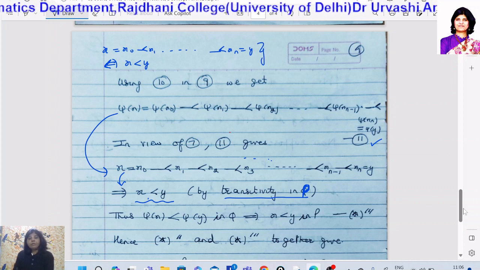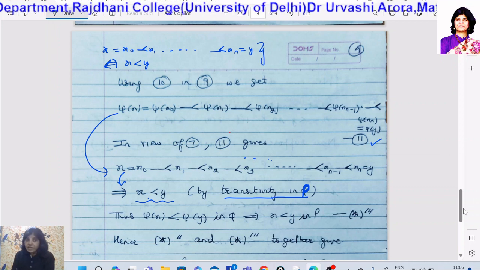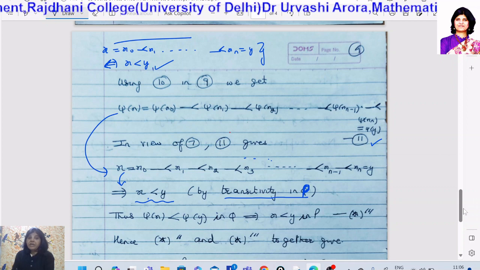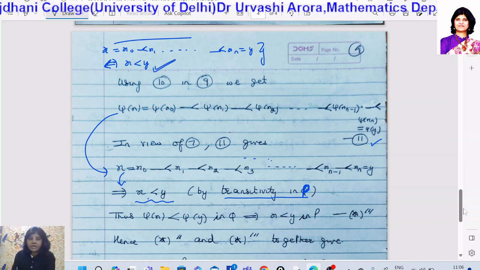So in a finite poset, this is always true. If there is a finite sequence, then the elements are strictly related. If the elements are strictly related, then there is a finite sequence of covering relations.